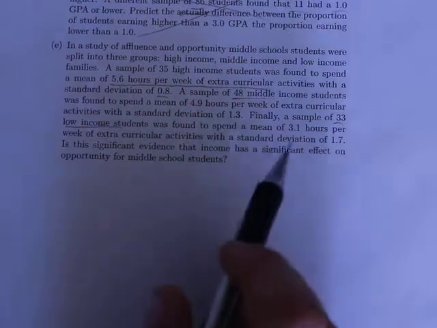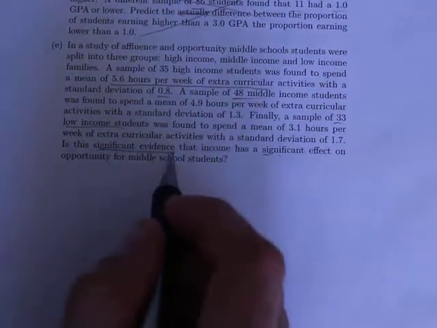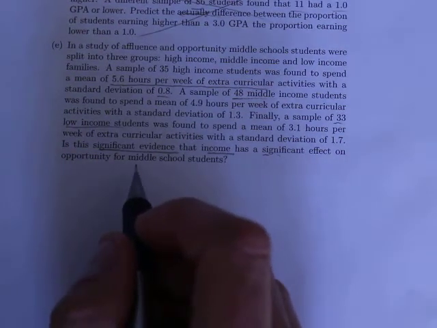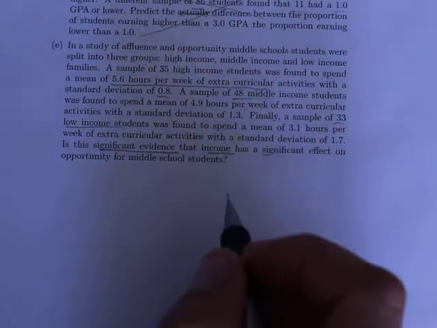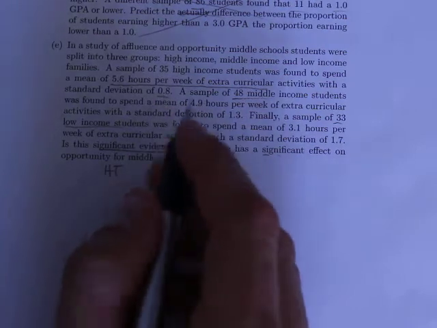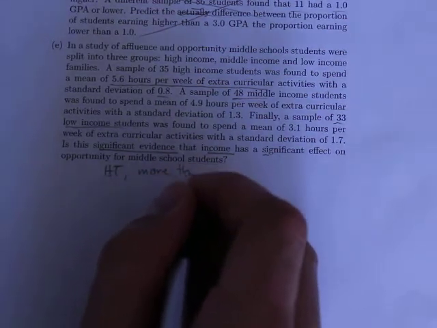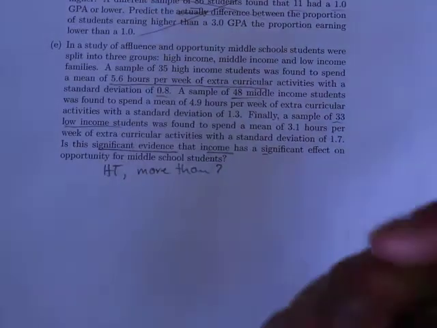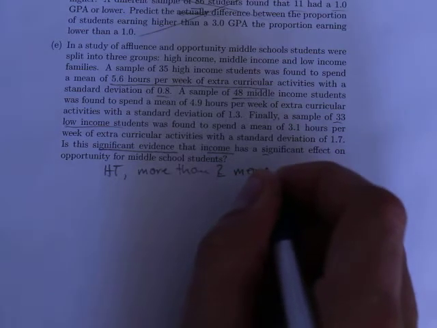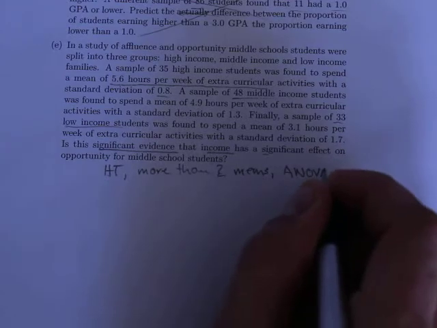So it appears we have 3 groups and we're looking at means, and we're asked to see, is this significant evidence that income has an effect on opportunity, the amount of extracurricular activities they can do. So we're doing a hypothesis test. We're dealing with means, and we have 3 of them, so there are more than 2 means, which would tell us that we want to do an ANOVA test.